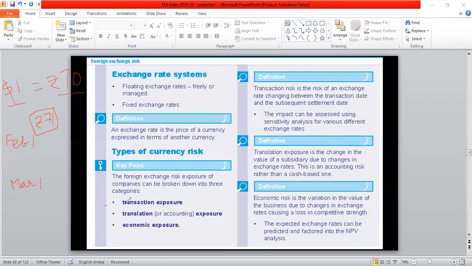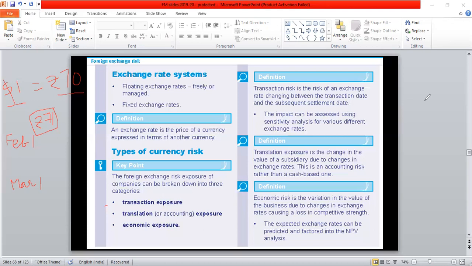Now, how would they pay? Would they pay at a fixed rate, or at a rate which is prevailing? Let's say two parties enter into an agreement of importing goods. Then when the goods are imported, as on the date of payment, what would the payment be? The payment according to the rate prevailing as on that particular date of payment, or they have decided that irrespective of the prevailing rate, they would make the payment at a fixed rate.